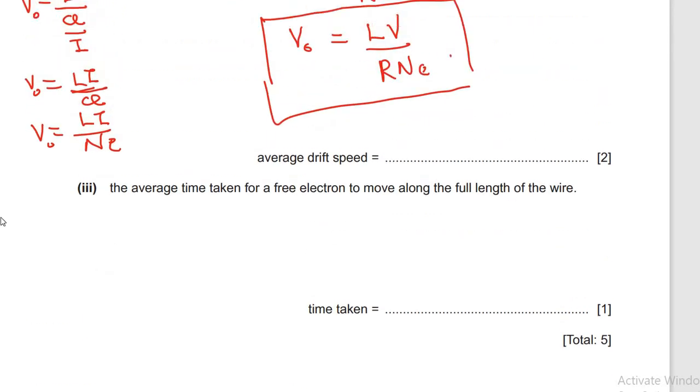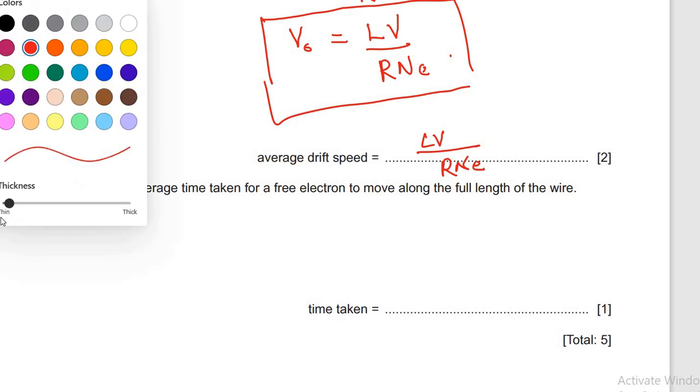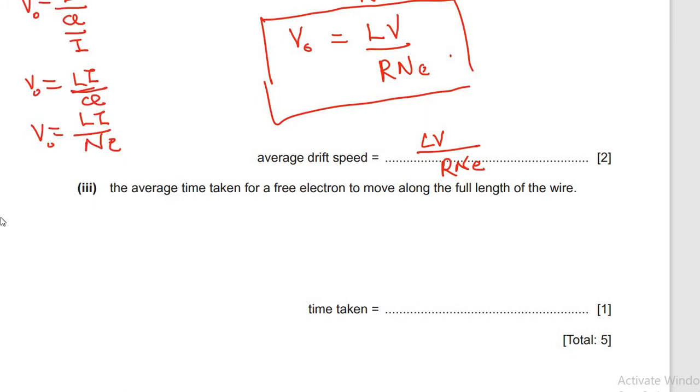So let me write it here: LV over RNE. The next one is average time taken to move along the full length of the wire. What's the formula for time? Time is distance over velocity, or can also be charge over current.